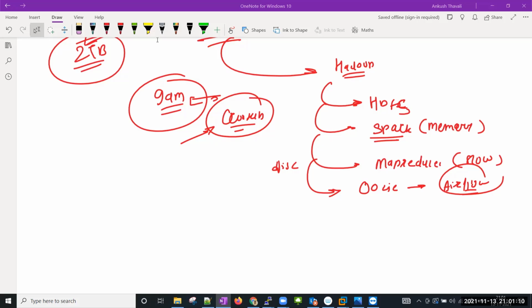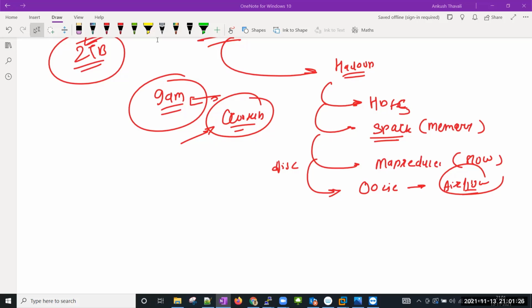If we are talking about Hadoop, then we have HDFS, which we use to store and process the data. In Hadoop Common, we have multiple utilities and tools which we are using, and we have Hadoop YARN.